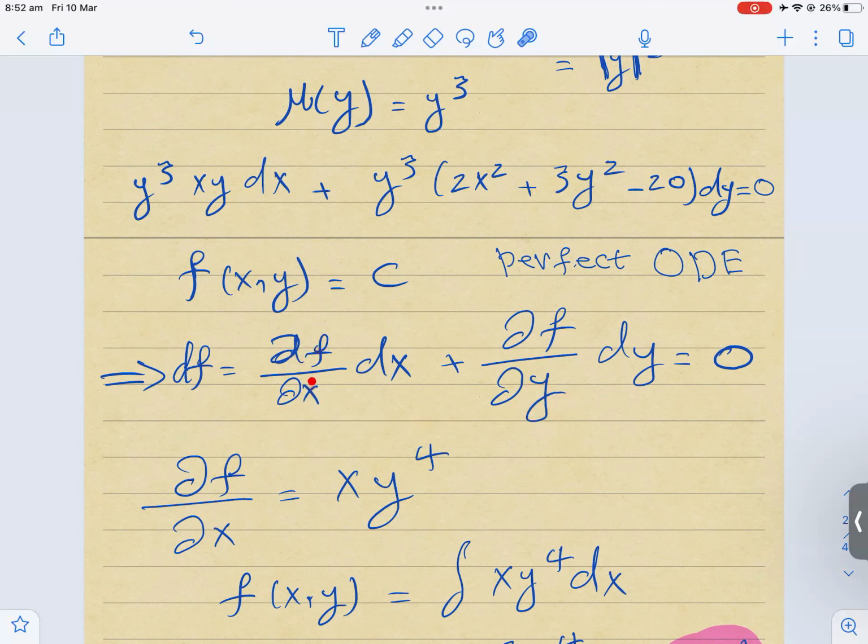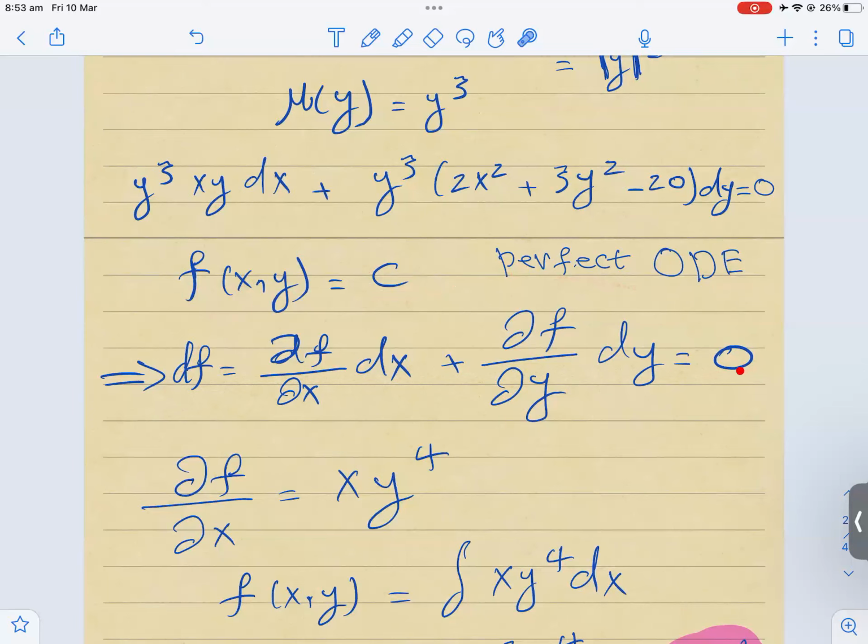So del f over del x is x times y to the 4. Complete differentiation or total differentiation, maybe you haven't studied, but it's not important. What I say is like this: df is equal to this one. Differentiation of c is 0.